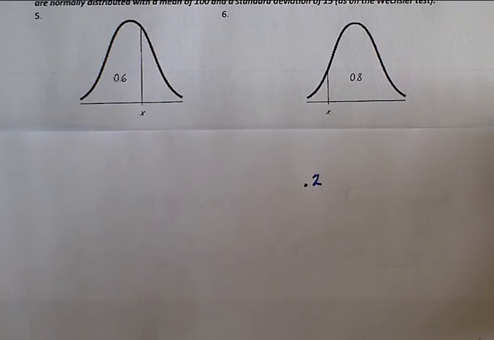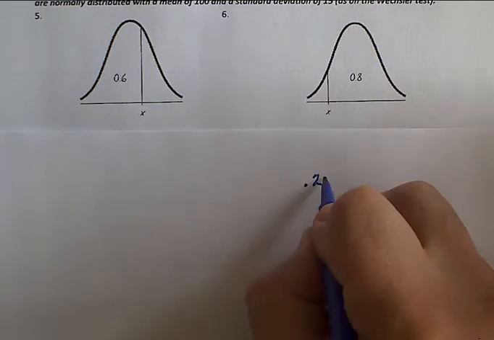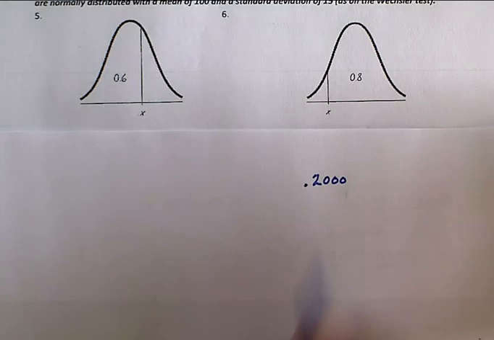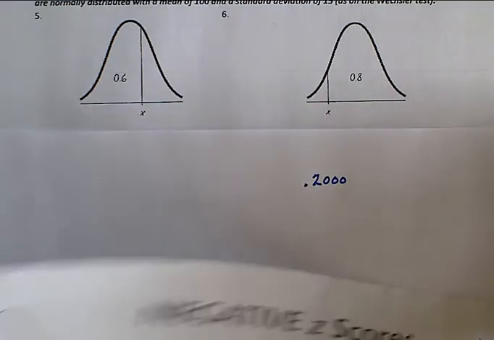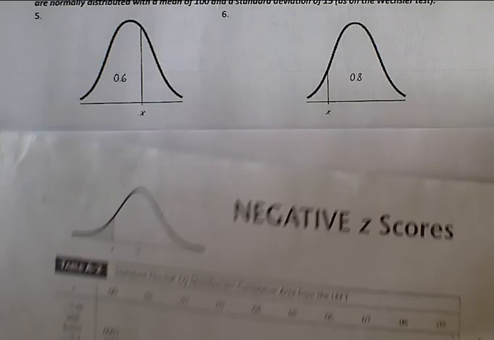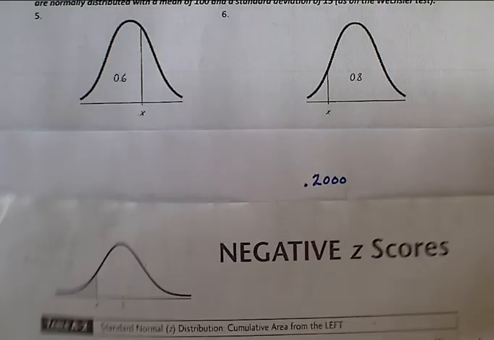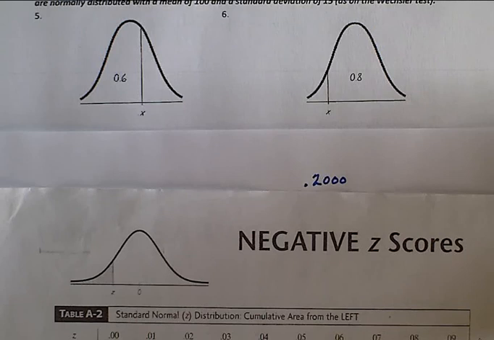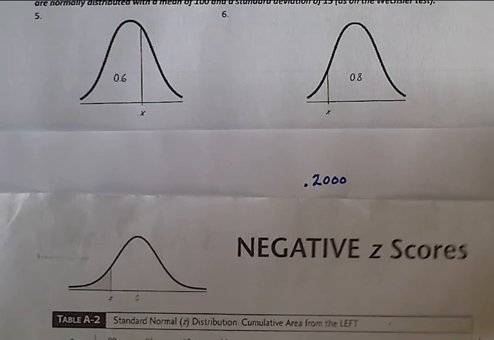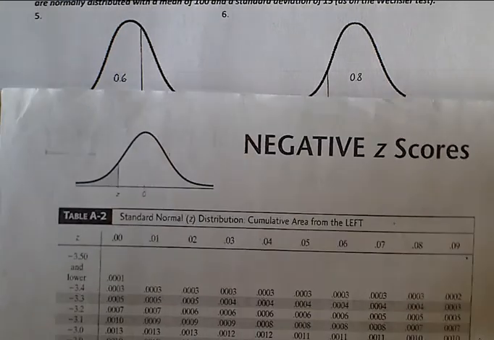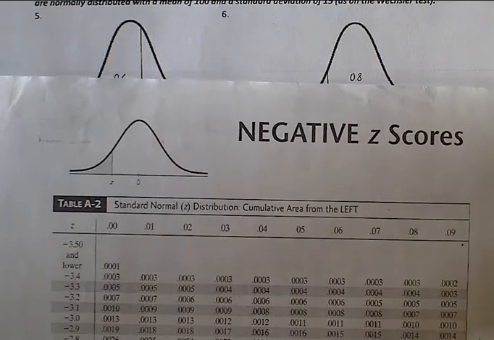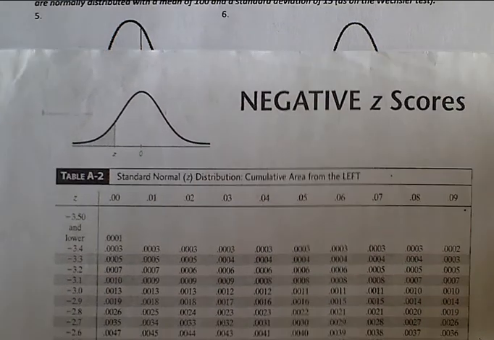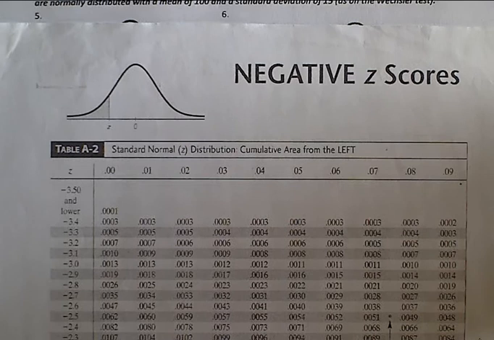Okay, so I'm going to use the probability 0.2000, and I'm going to look that up. Remember, I'm left of the mean, so that means that it's got to be negative, and so I'm looking in the body of this table.